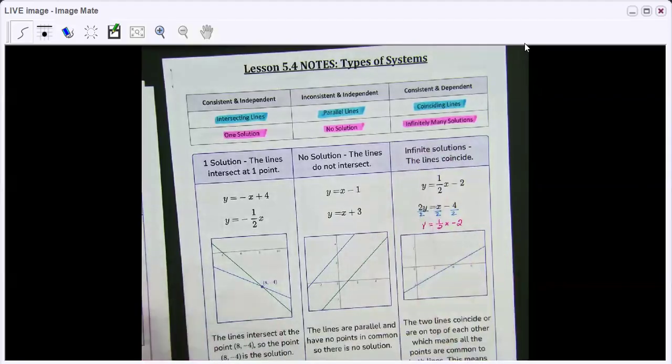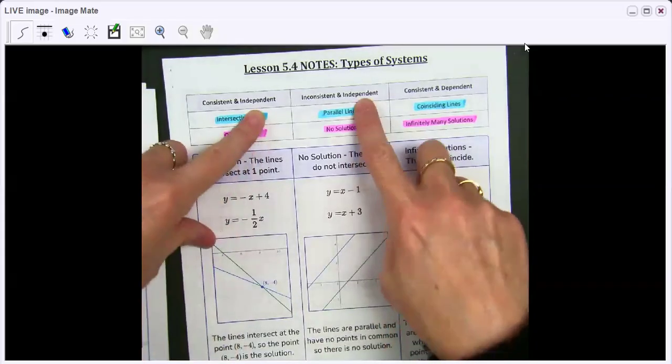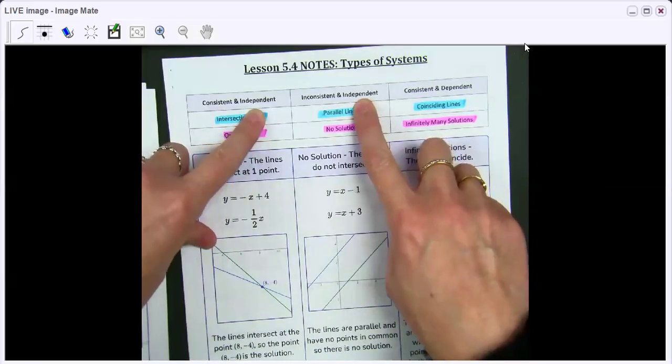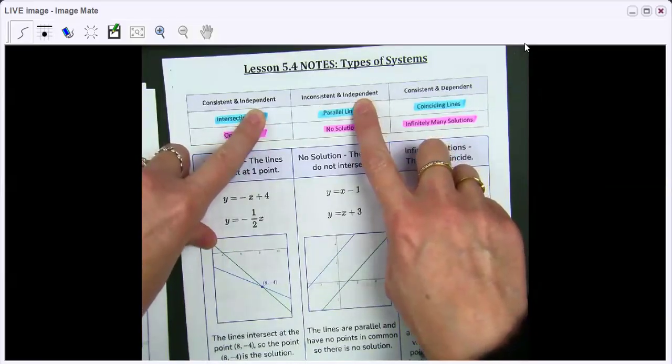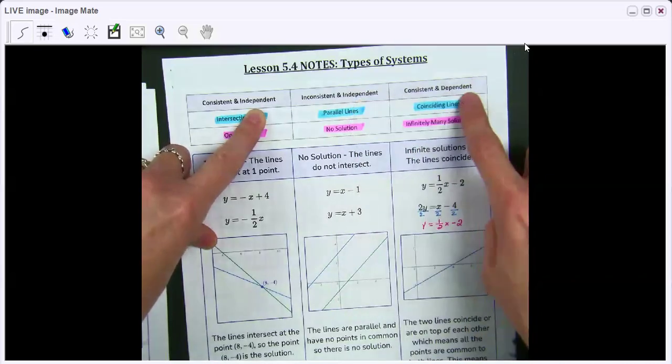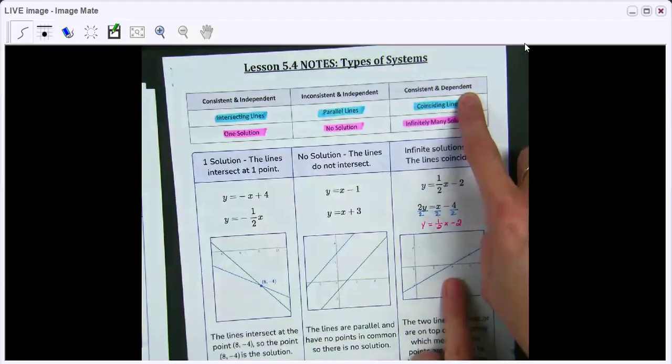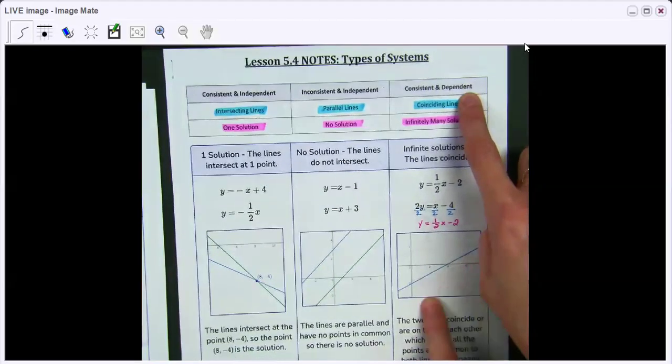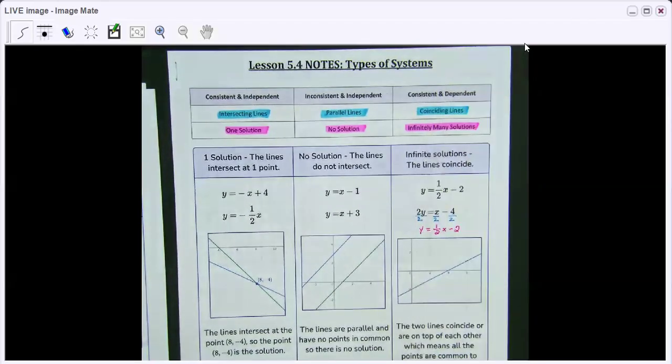So let me go back and explain the difference between consistent and inconsistent and independent and dependent. I'm going to start with independent and dependent. Independent means that they are their own separate lines. They're different equations, so they're going to have separate lines. Whereas dependent means that they rely on each other and they will be the exact same line. That's the way that I can differentiate between dependent and independent.